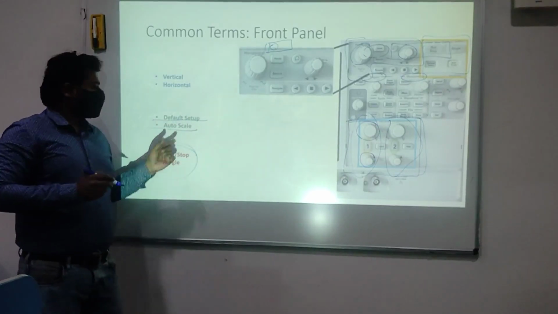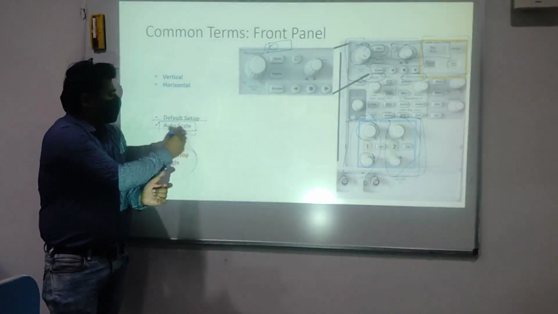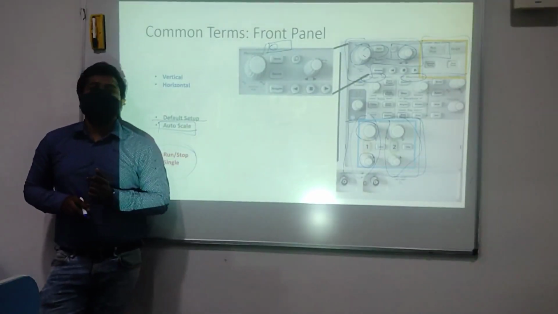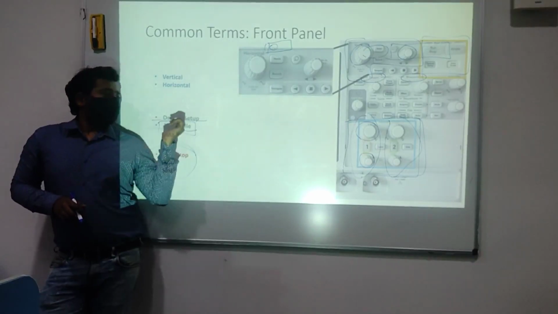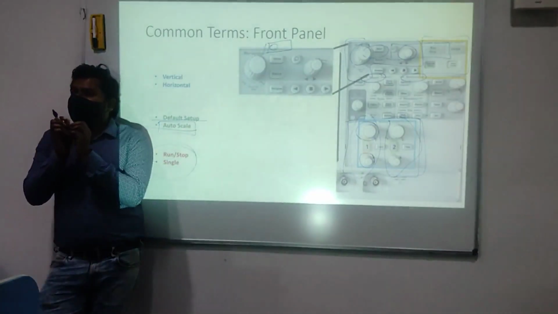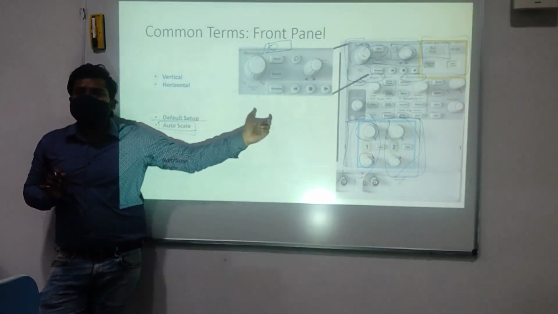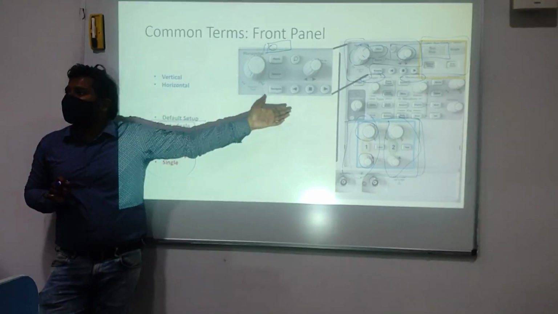Then auto scale. This is the beauty which is available with the digital storage oscilloscope and not the analog CRO. Since you have information about the signal, you have taken the samples and recorded them in the storage, and now the device can do the processing.